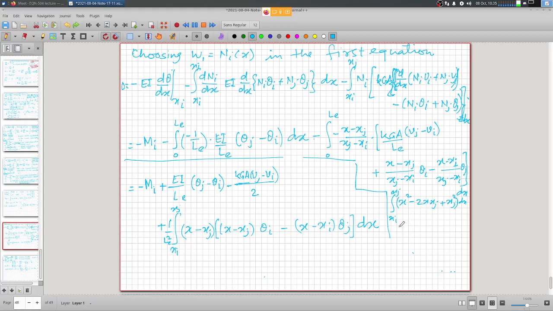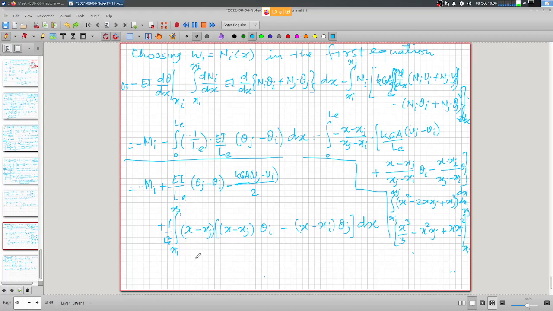So this becomes x cube by 3 plus x square xj, minus x square xj plus xj square, and this is to be evaluated between xi to xj.